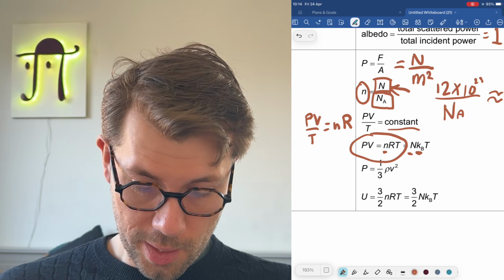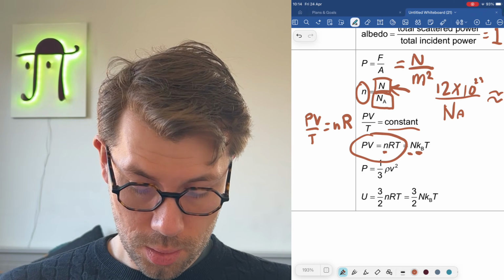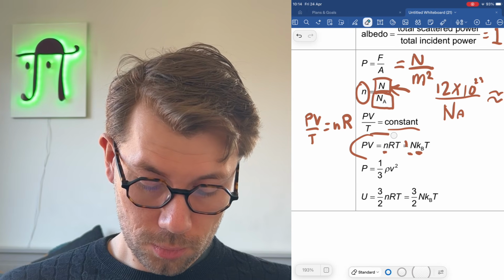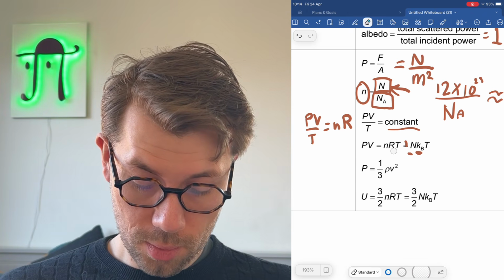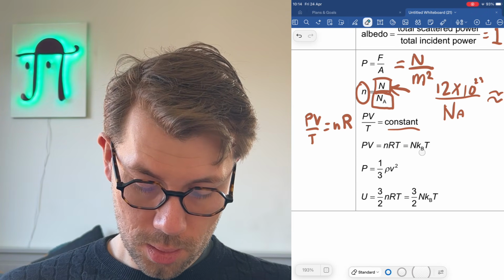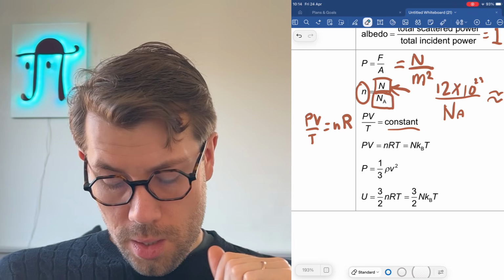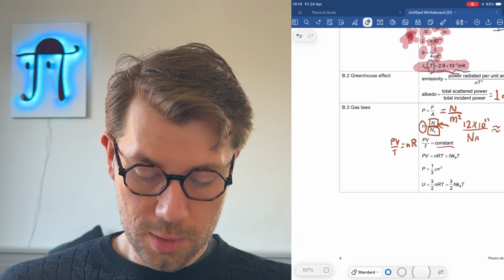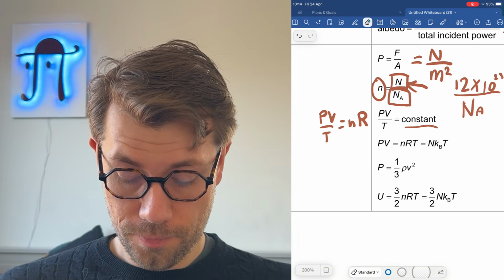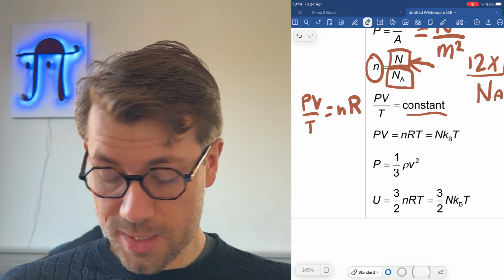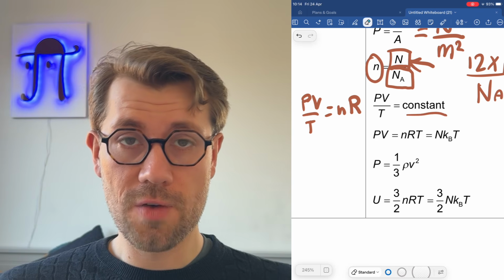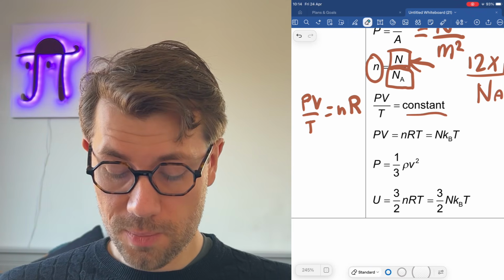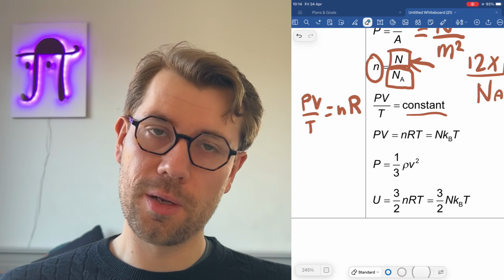So let's then look at the pressure in the next one. Now, again, we've got P, and again, this is going to be for a gas, and we know that because it's gas laws. Then we've got density, which is going to be the density of our gas, and then we've got V squared, which I believe is going to be our average velocity of the particles.